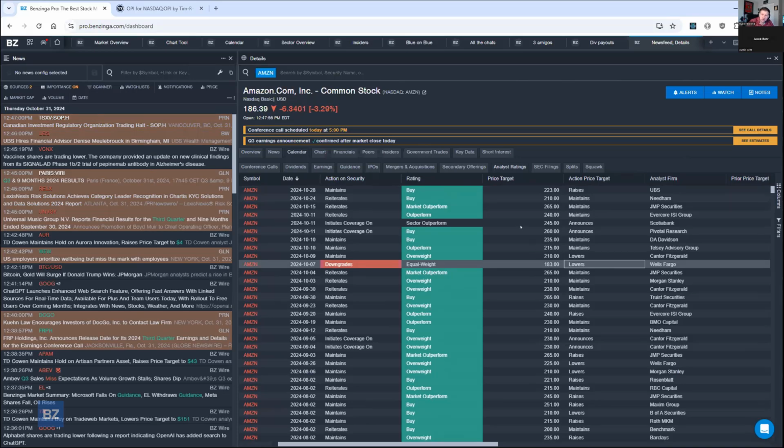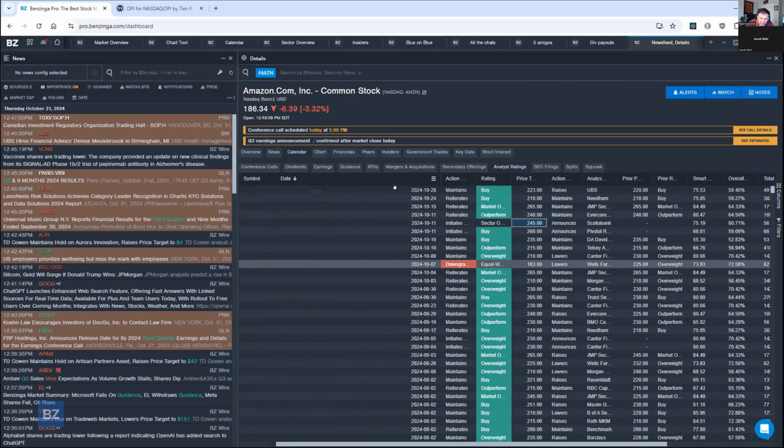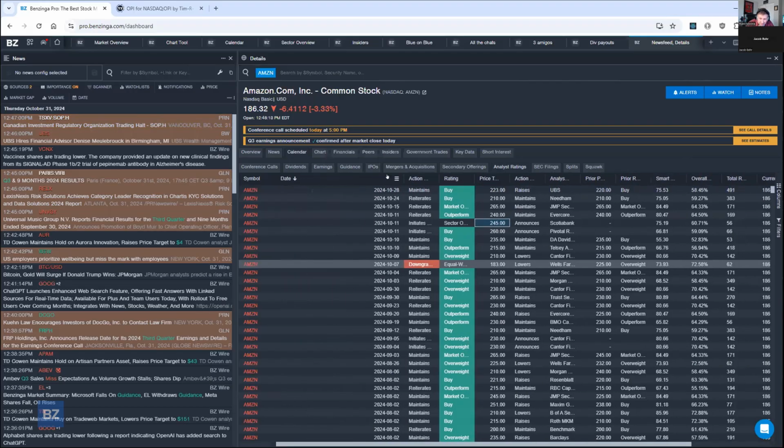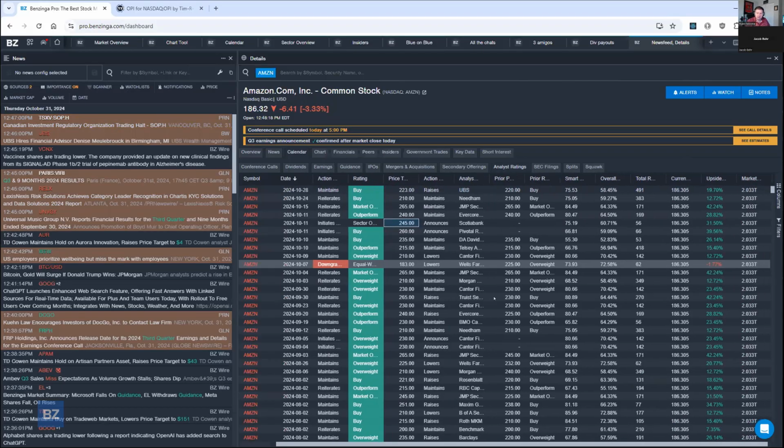You can also really quick, anytime you're looking at anything that's in a table format, if you right click and you do fit all columns, it will automatically crunch that together so that you can see all of that. You don't need to individually adjust all of these columns at the top, although you absolutely can. You don't need to. There's easy shortcuts to do that. But this might be something that you want to take a look at, in particular, the price targets.